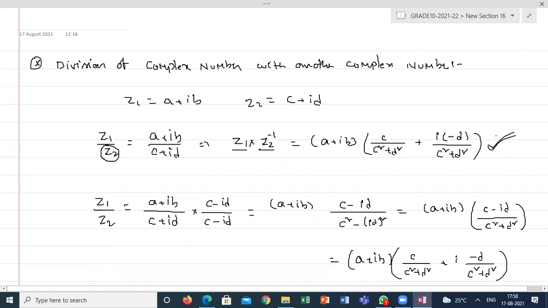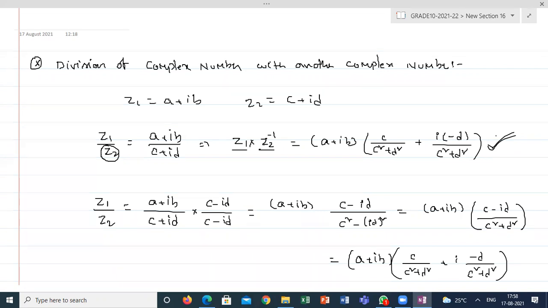Just for the definition purpose I gave the formula, but even without the formula you are able to do the division of two complex numbers. Z1 by Z2 is nothing but multiplication of Z1 with the multiplicative inverse of Z2. We are multiplying two complex numbers, Z1 into 1 by Z2.